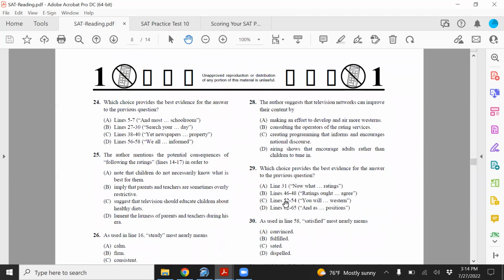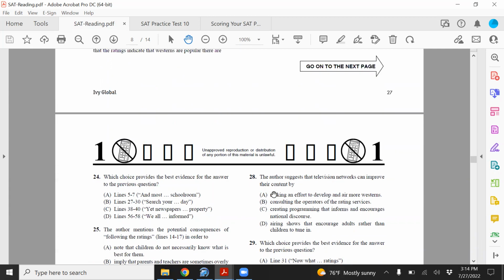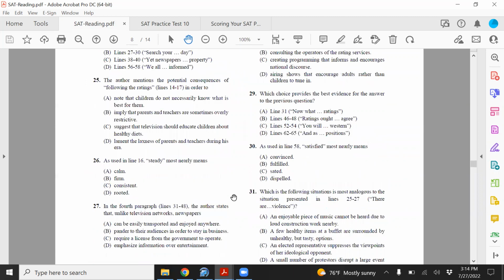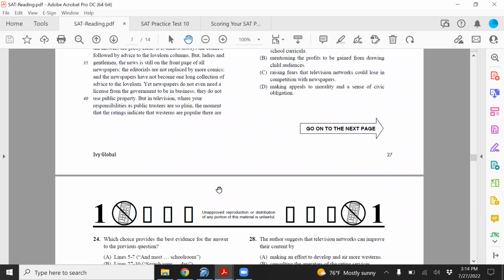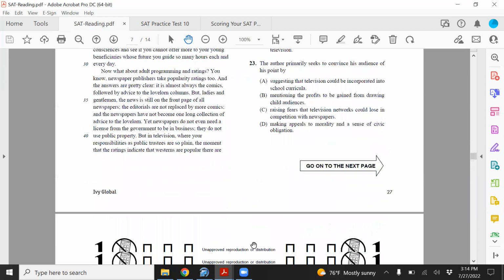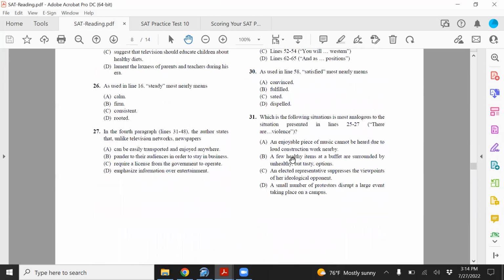And that's why C and D would make sense, because that's mentioned near the end of the passage. And then we looked at 31, and they talked about how there's no room for good programs for kids, but instead they're exposed to cartoons, violence, and more violence. So it's analogous to going to a buffet where there's a lot of unhealthy foods, but there are some healthy options. So we did talk about that, and the answers for these can be found at the end of this document.